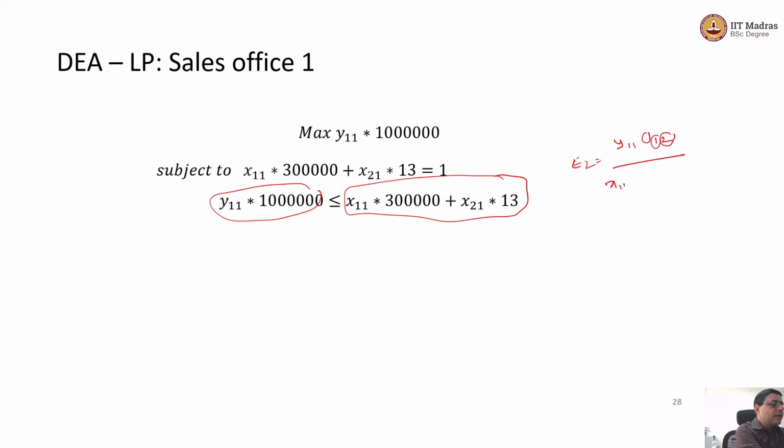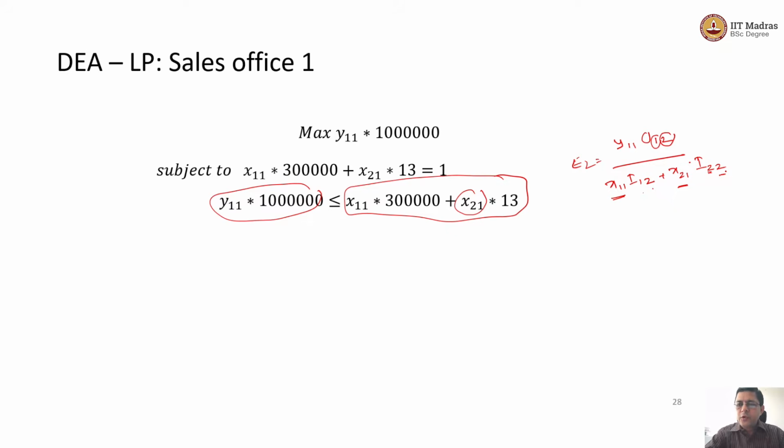Denominator is going to be X11, the weight used by DMU 1, but with the first input available for DMU 2, and X21, the weight used by the first DMU for the second input, multiplied by I22, the second input for the second DMU, right?